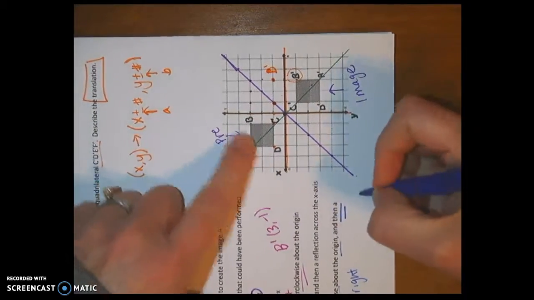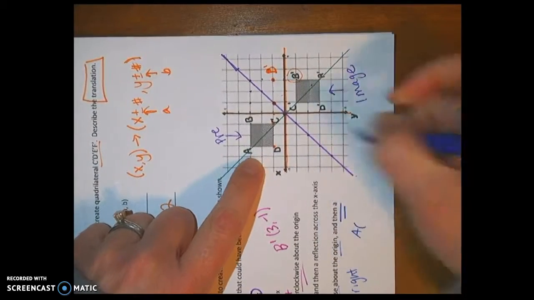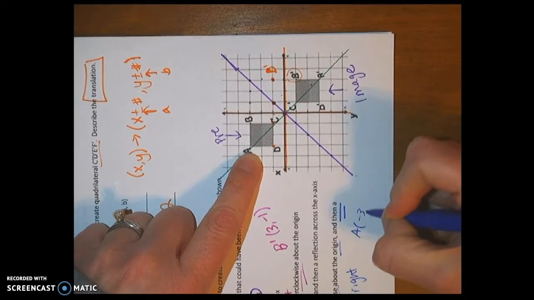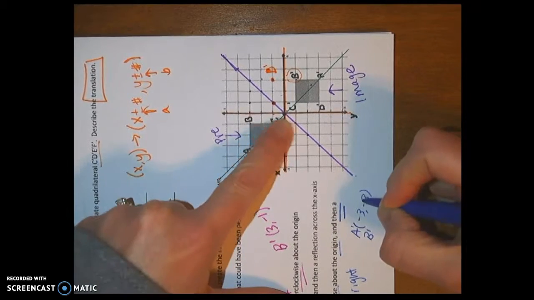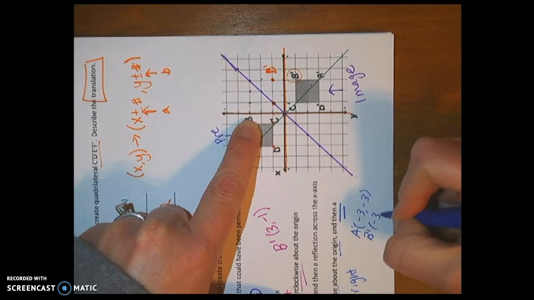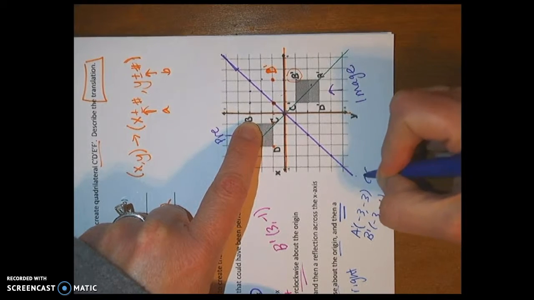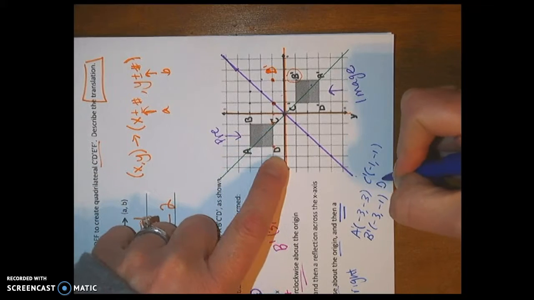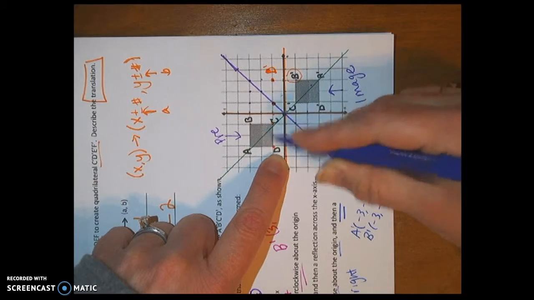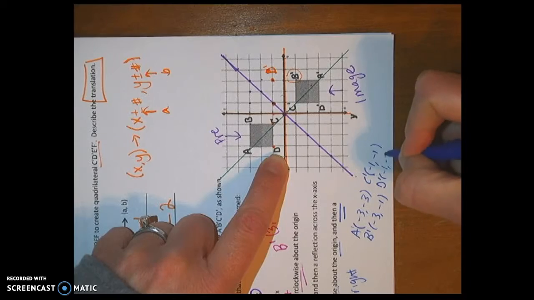And when I look at these points right here, A is going to be -3, -3. B is going to be -3, -1. C is going to be -1, -1. And D is going to be -1, -3.